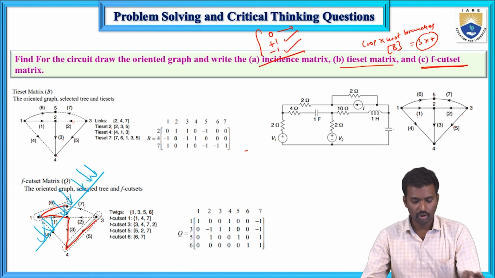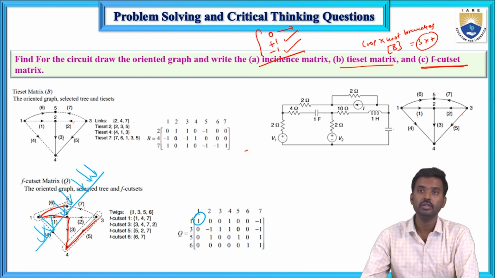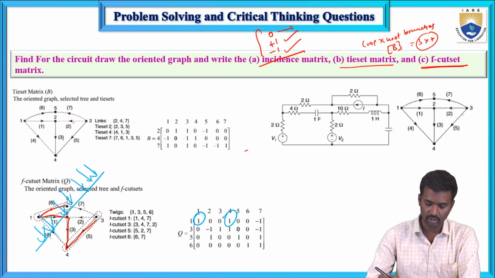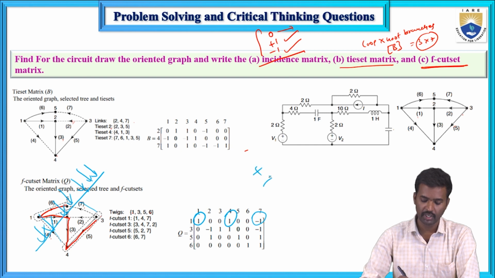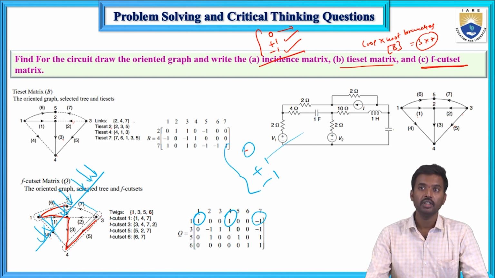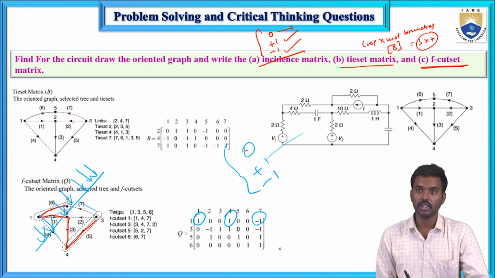Now consider the directions of 1, 4, 7. 1 is the same direction, and the fourth is the same direction, downwards, so +1, and the 7th is the opposite direction, -1. It is +1, -1 and 0; if it is not associated, 0. If the F cut set direction and the branch direction are the same, then that value is plus, and if the F cut set direction and branch direction are opposite, that is minus.